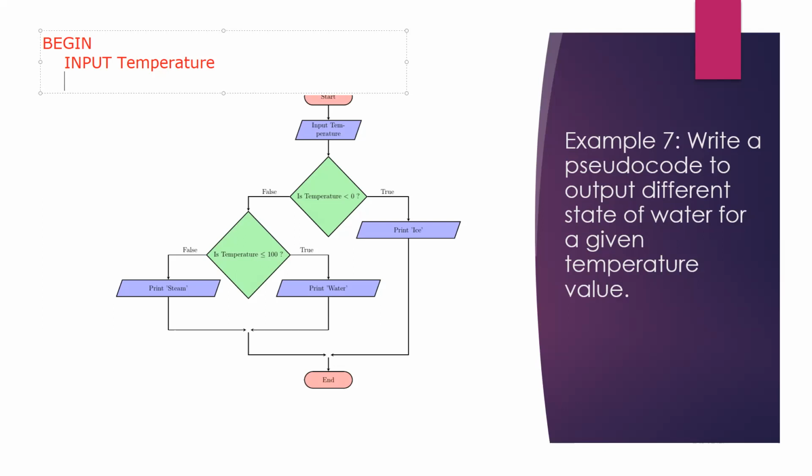We say begin. We get the temperature value. Right. So here we have temperature. So we have to say if temperature less than 0, then, so this is what we are going to do. Within this, I'm going to say display, print, okay, ice.